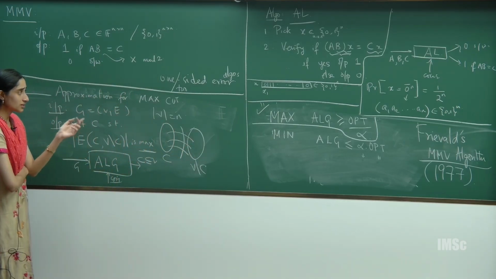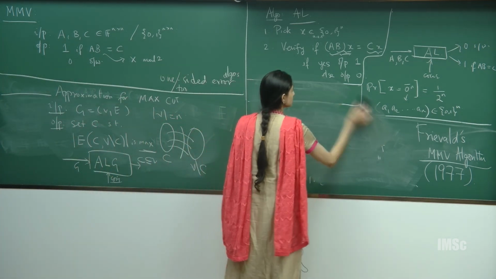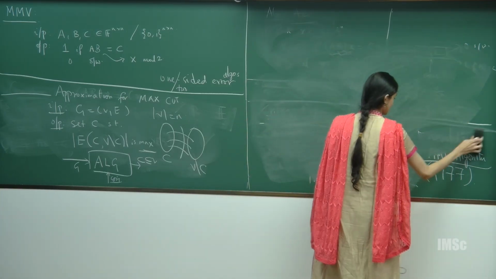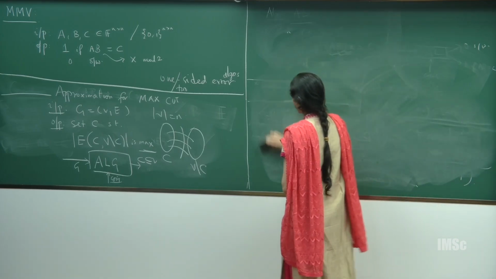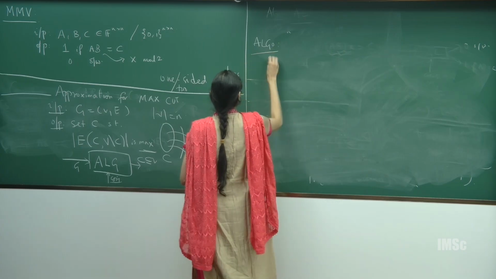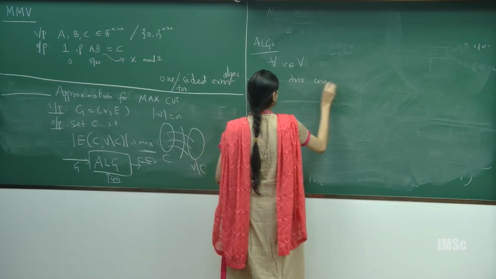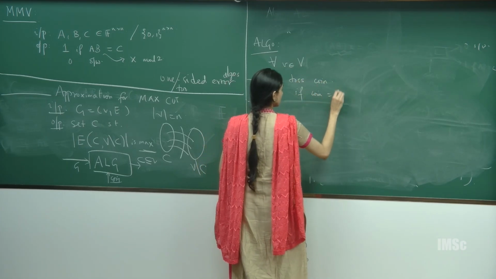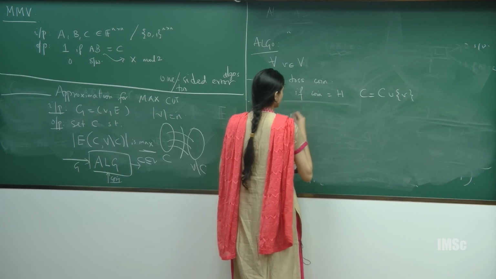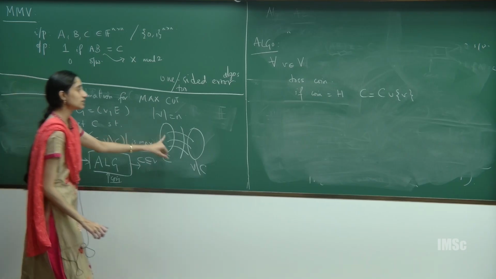So how many coin tosses are there? N, right? And what is the running time of that algorithm? Okay, so what is the algorithm? For every vertex v in V, toss the coin. If the coin is heads, put it in C, otherwise don't do anything.